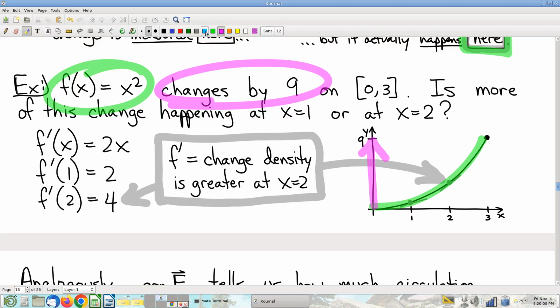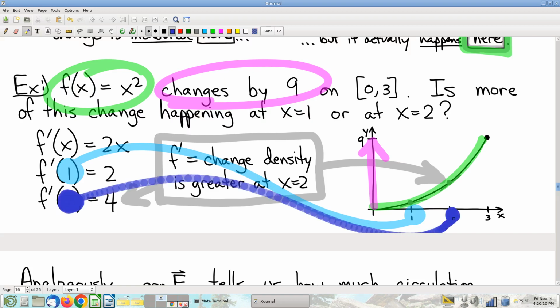So is more of that change happening at the point 1 or at the point 2? Where is there more change happening? Looking at the picture, well, that's steeper over here at 2. Of course, there's more change happening at 2.